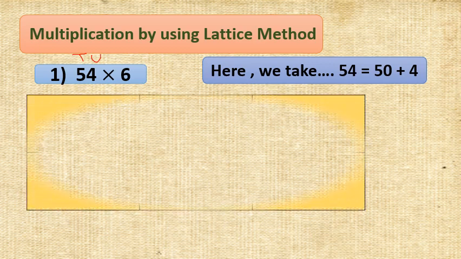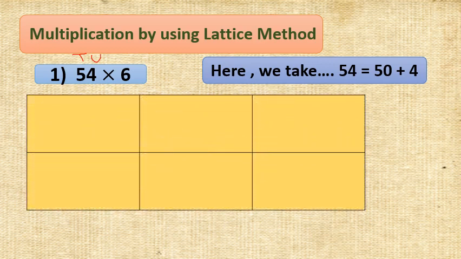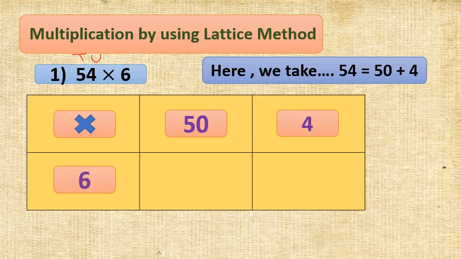See here, one table is there and I will write here 50 and here 4. 50 plus 4, that is nothing but 54, and here I will put the multiplication sign in the corner and this I am going to multiply by 6, isn't it?